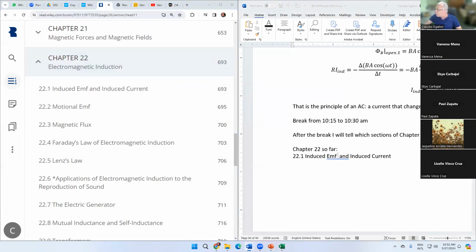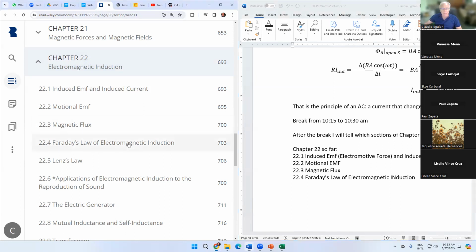I don't like the word electromotive force, by the way, but that's what they use. It's not like a force, it's more like an energy, potential energy. And then I cover motional EMF. We talked about magnetic flux as well, just like we talked about electric flux before. And Faraday's law of electromagnetic induction.